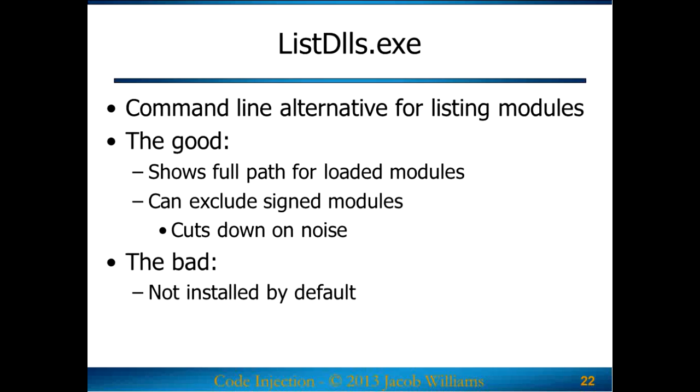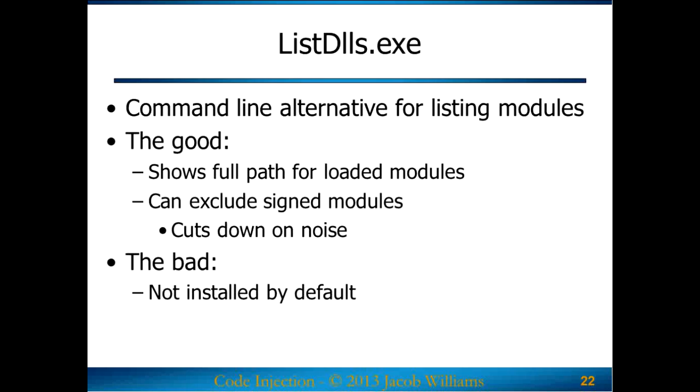So what about ListDLLs? ListDLLs is a great command line alternative for listing modules. The great part is it shows the full path for loaded modules. So in this case, we'll be able to immediately detect if we've been subjected to a path hijacking attack. Another great thing that we can do with ListDLLs is exclude signed modules. Most malware authors don't sign their code, so they don't have a valid digital signature.